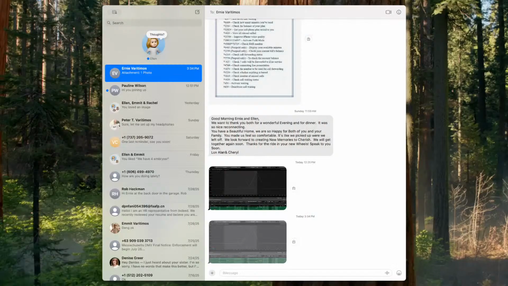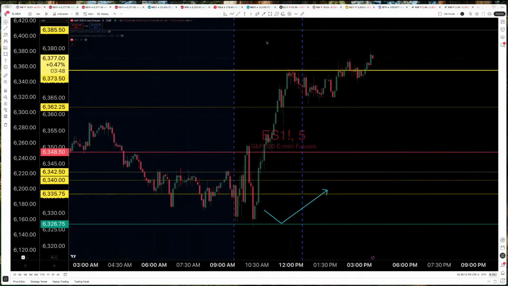All right, let's take that off and go back to TradingView. So that's what we're waiting for. Okay, it started to break out. Now it's pulled back a little bit. We still have 24 minutes to go. So if it starts breaking up here, once it hits this level here, we're starting to make pretty good profit.